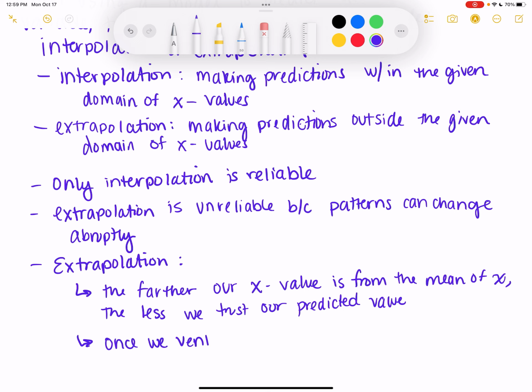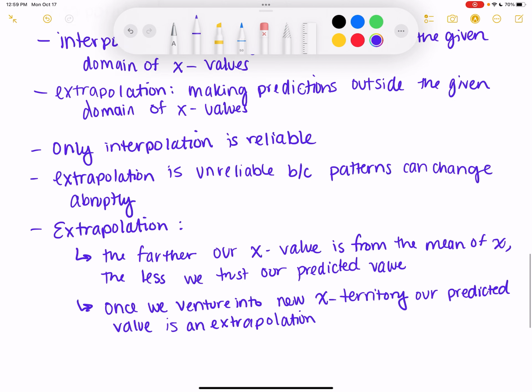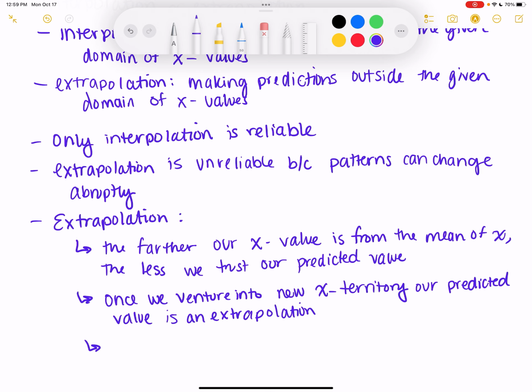Once we venture into new X territory, our predicted value is an extrapolation. Our extrapolations are not reliable.